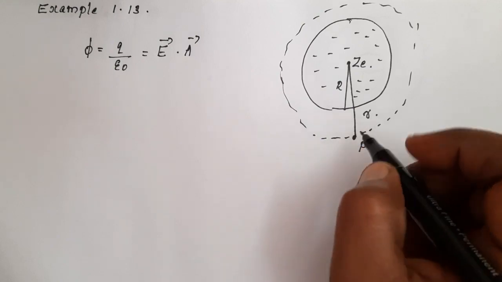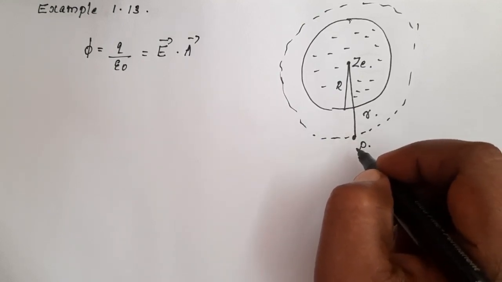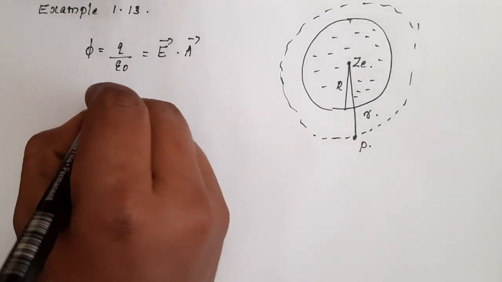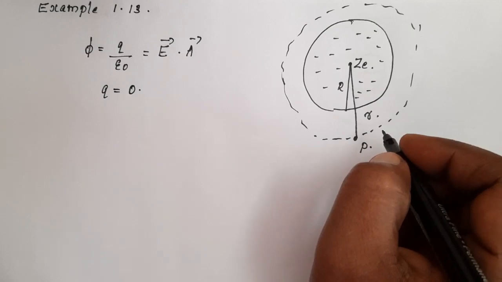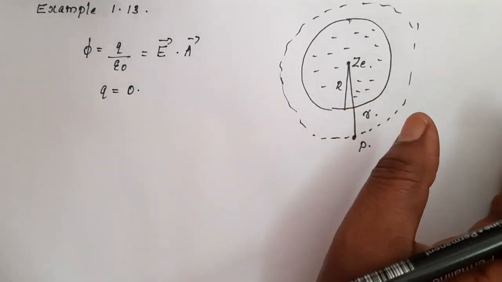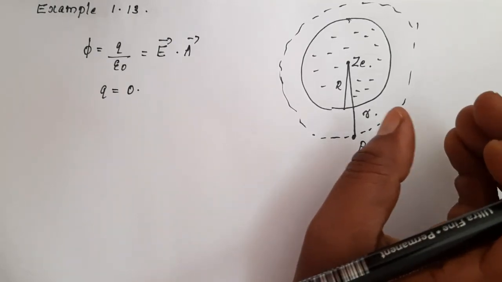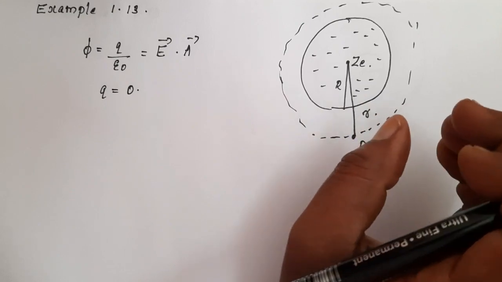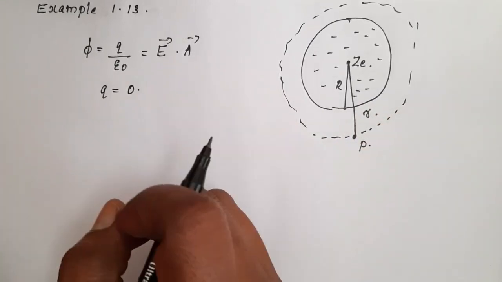So when the point P lies outside the atom, the total charge enclosed by the Gaussian surface is 0. The atom consists of positive and negative charges in equal amounts, so the total charge of the atom is 0.